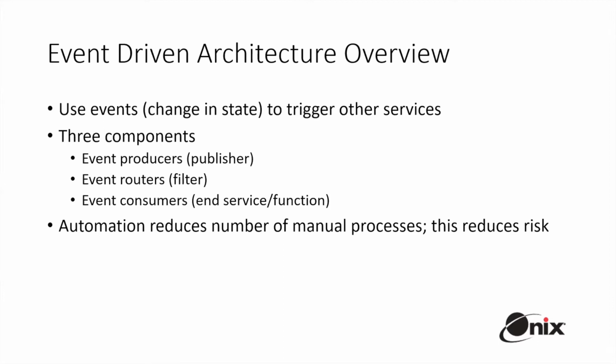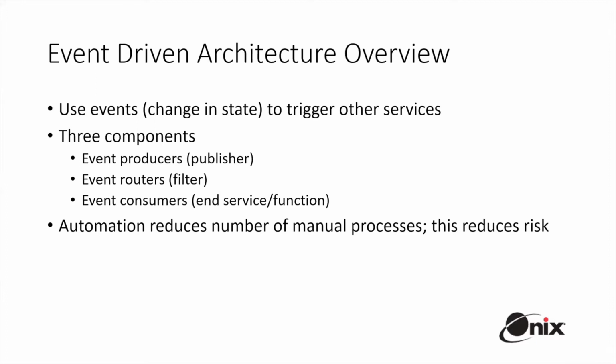So an example I'm going to show you in a minute, the use case is we want to be notified when a user is created in AWS, okay? So the publisher is going to be CloudTrail. IAM is going to write an API call to CloudTrail. CloudTrail is going to publish that to CloudWatch logs. Something called CloudWatch Events, which is the filter, is going to pick that up and then shoot that over to SNS, and that's going to email us with a notice that a user was created in the environment.